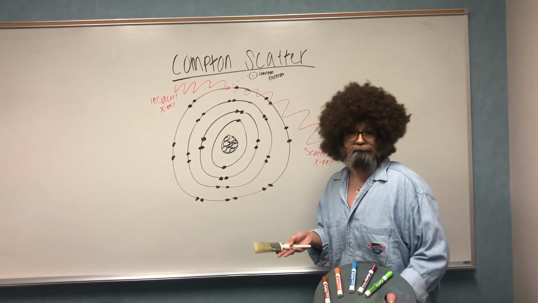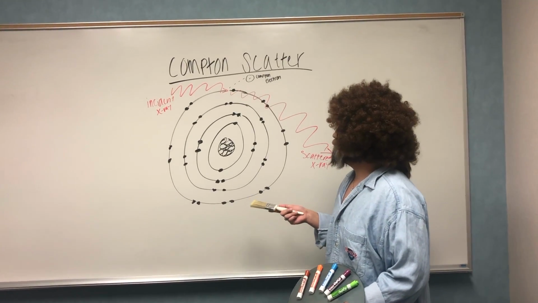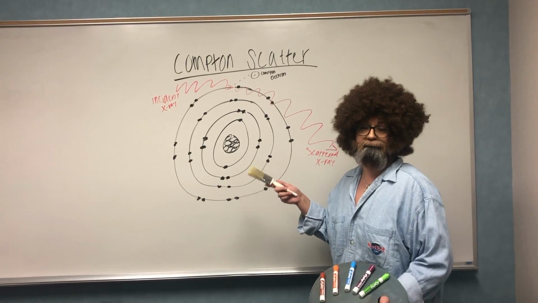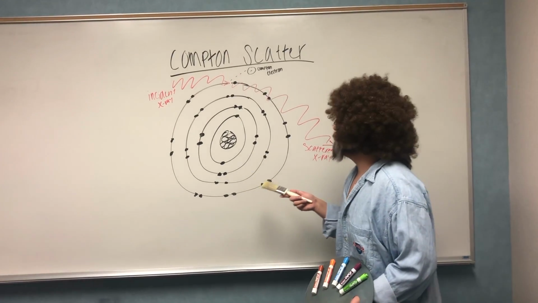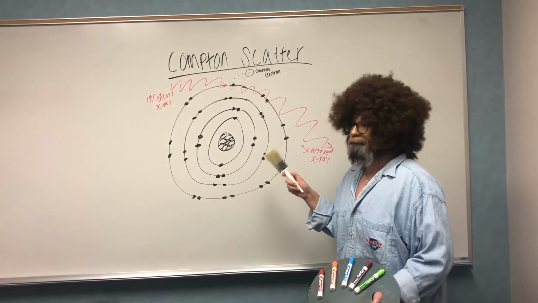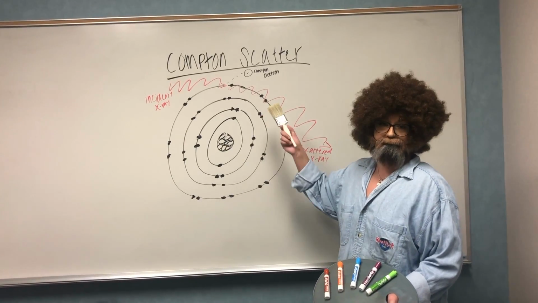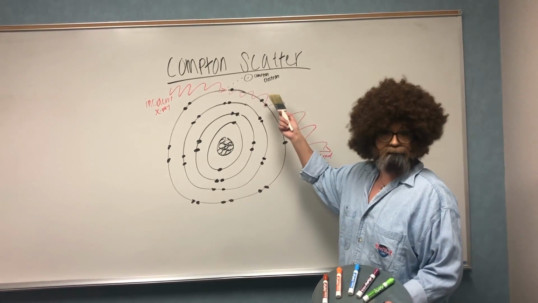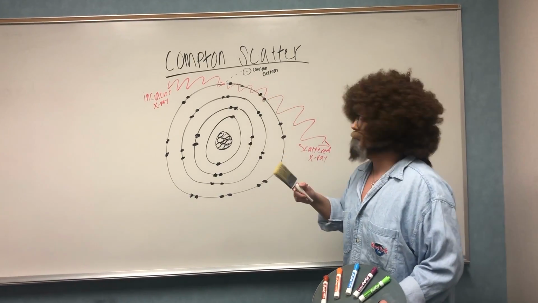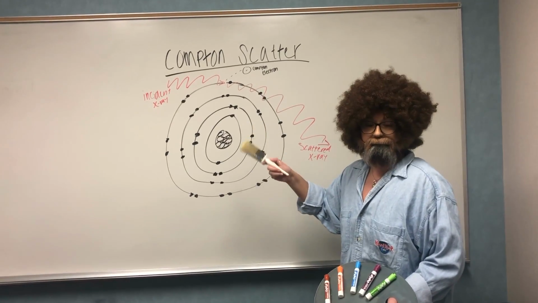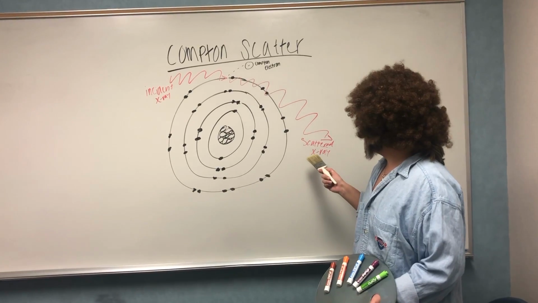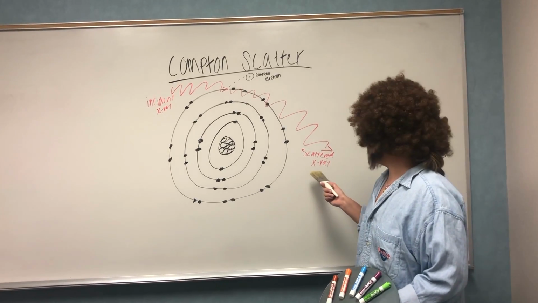So what happens is an incoming incident X-ray interacts with an outer shell electron. The incident X-ray knocks out the outer shell electron, now known as a Compton electron. Now the incident X-ray changes direction and becomes a scattered X-ray.